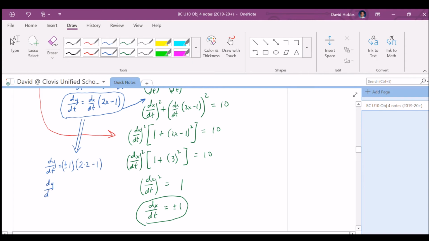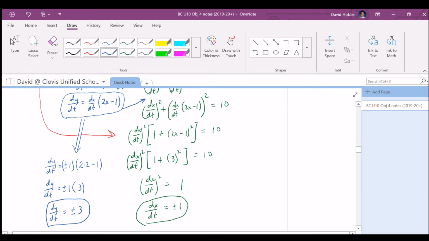So dy/dt is plus or minus 1 times 3, so dy/dt is plus or minus 3.